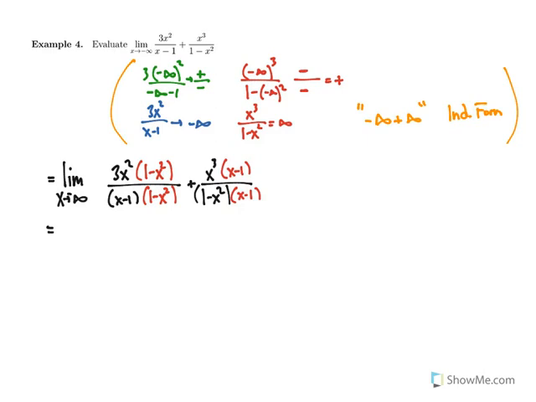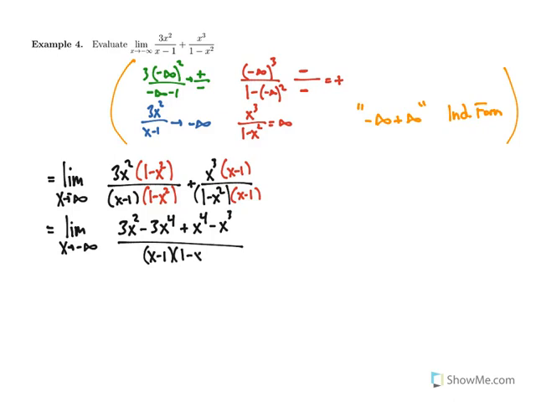Combining everything together, we have 3x squared minus 3x to the fourth, when you distribute the 3x squared, plus x to the fourth minus x cubed, all over x minus 1, 1 minus x squared.